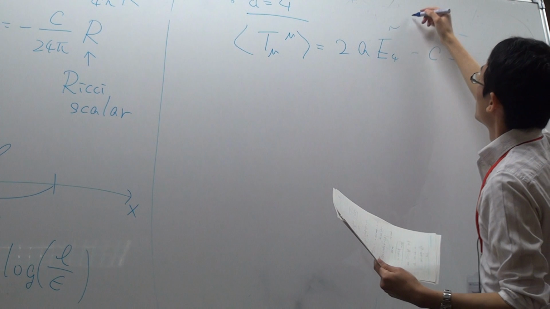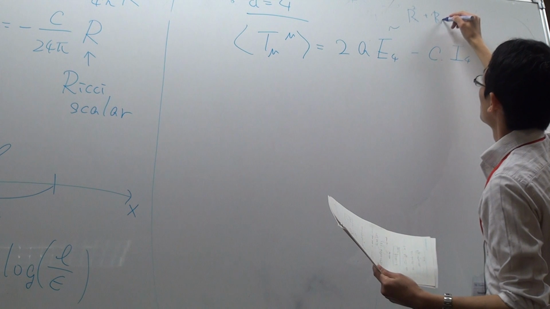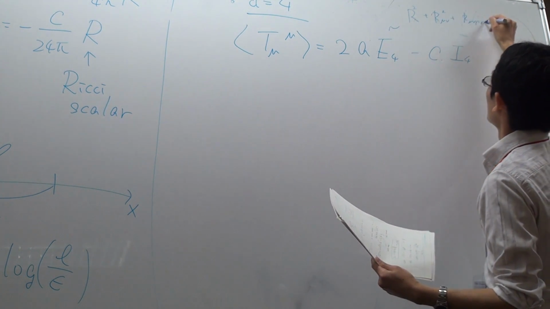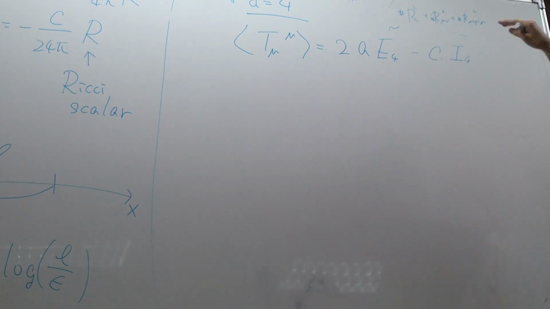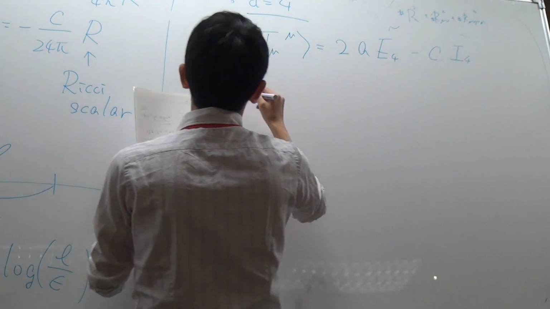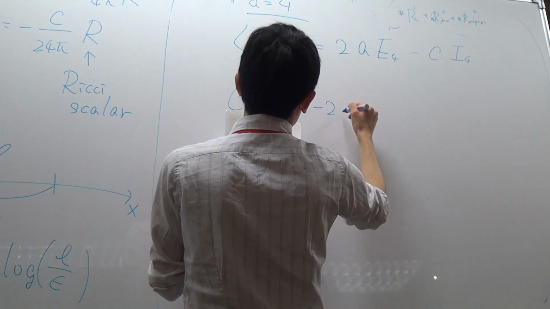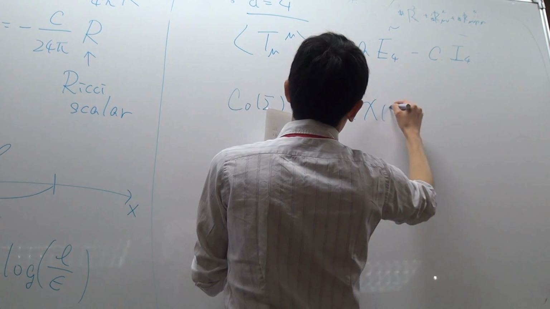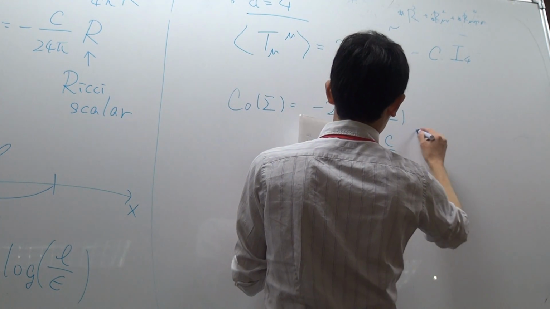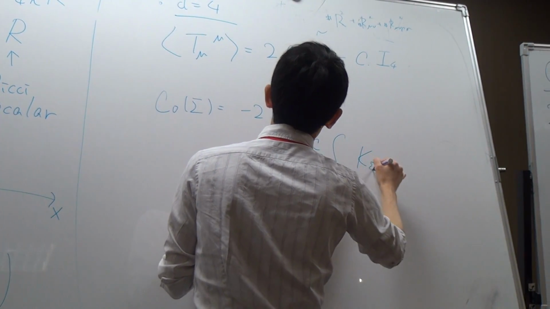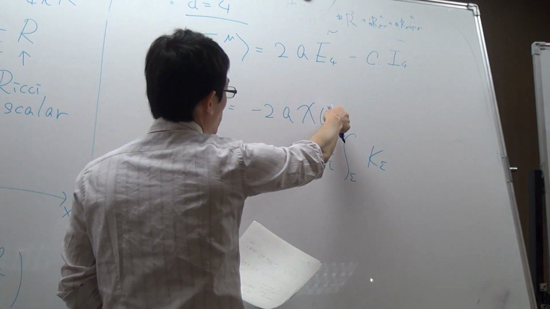This is something like R squared plus R_mu nu squared plus R_mu nu rho sigma squared with some coefficients. In this case you can compute c_naught, and it is given by minus 2A times the Euler number for the entangling surface.